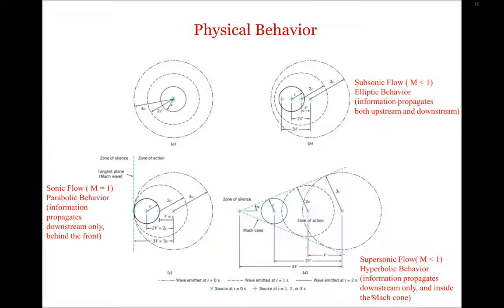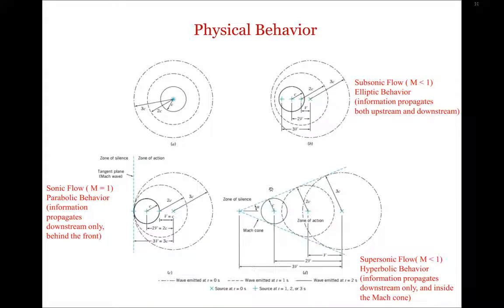In the case of supersonic hyperbolic behavior, information propagates downstream only and inside the Mach cone. This is the Mach cone, and this is the zone of action, and there is an angle known as alpha. Above it is the zone of silence.